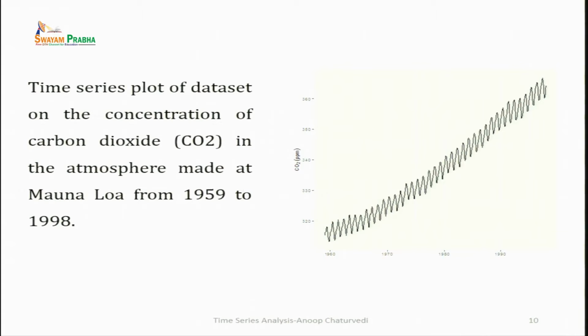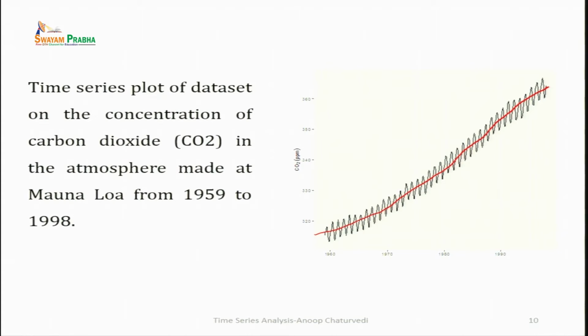Now, this is the time series plot of data sets on the concentration of carbon dioxide in the atmosphere made at Mauna Loa from 1959 to 1998. This data set is also available in R. Again, in this data set, you observe a long term movement.